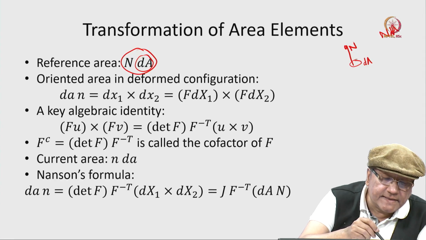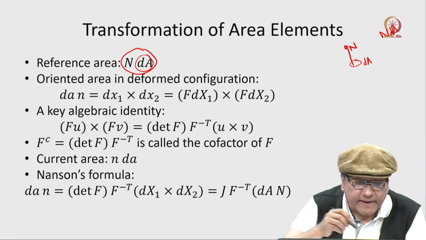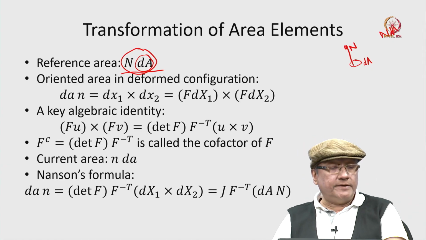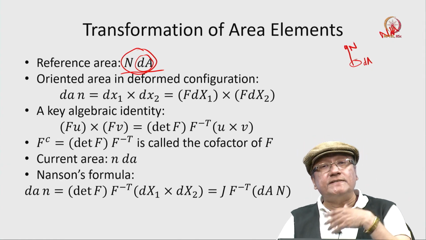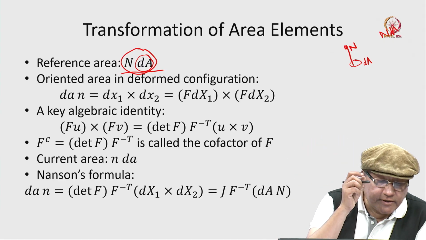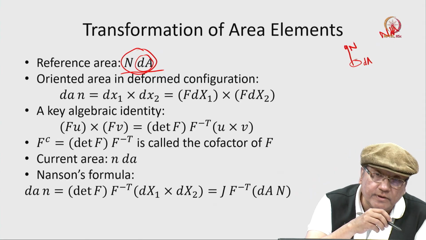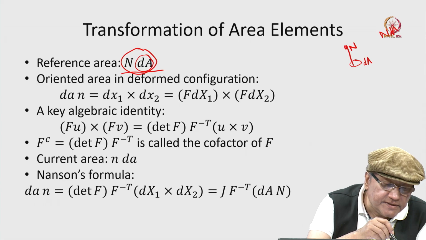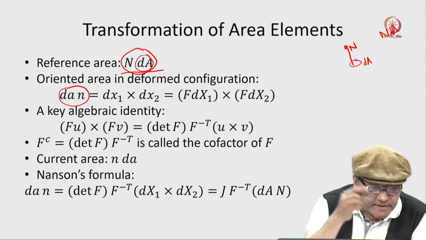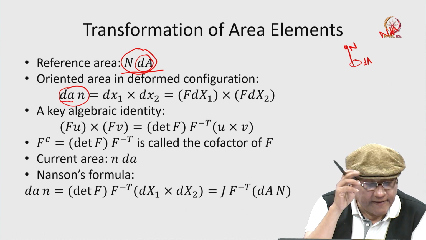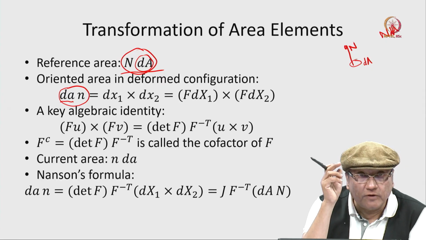Now, think of this referential area given by this N dA. This is the referential area. Now, under deformation, how does it transform? That is the question. Let us say that upon deformation we have this new area element, small da, times, because small da is a scalar, the new normal vector n in the deformed configuration.